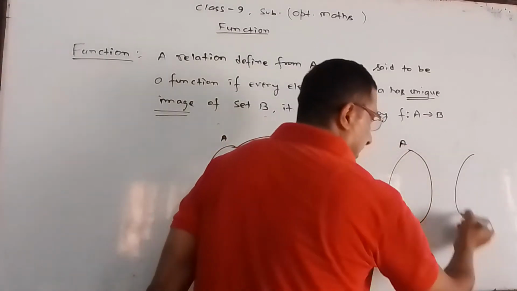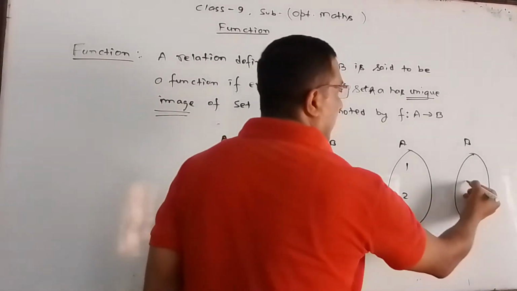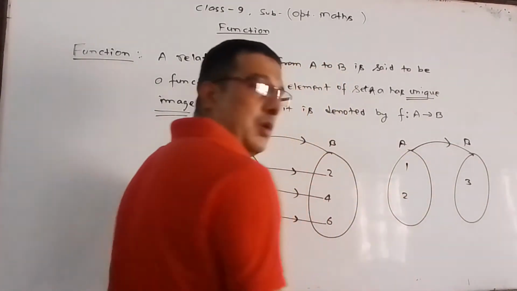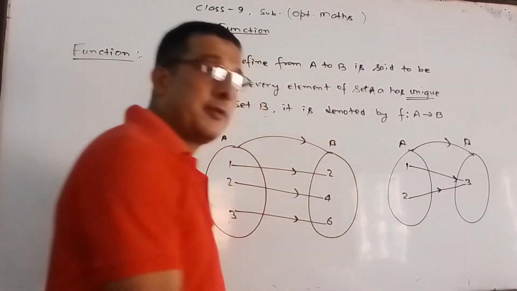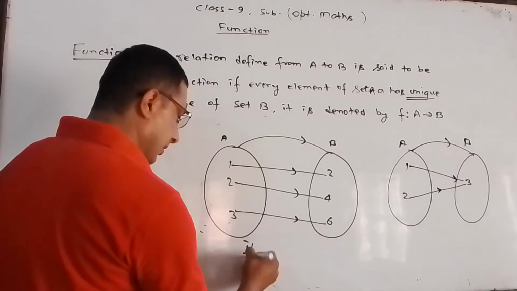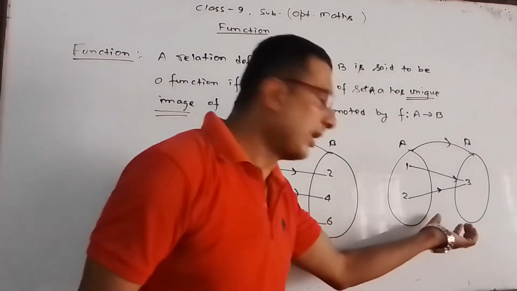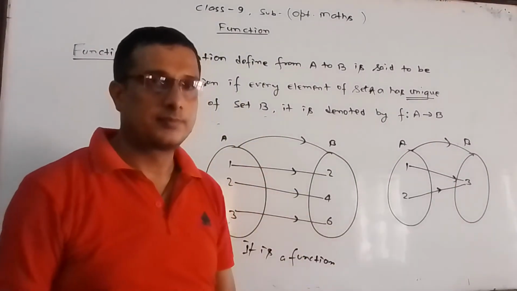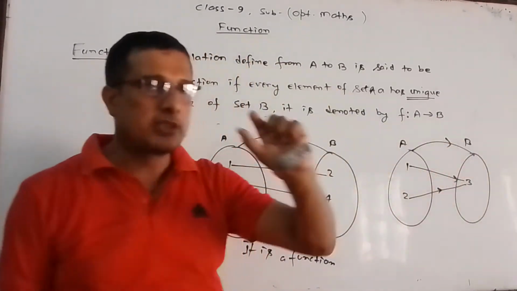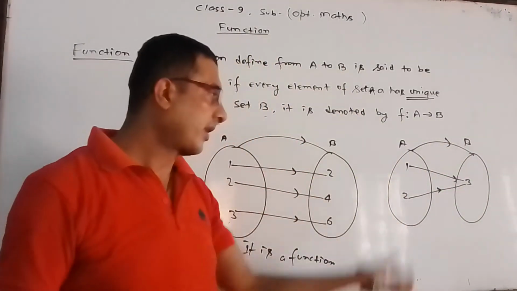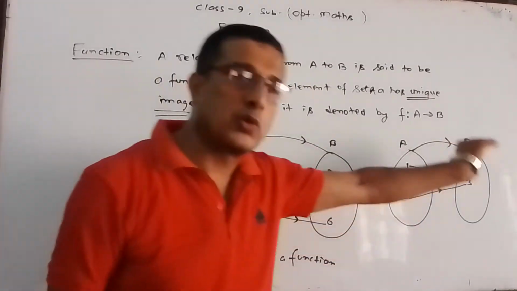I am going to another arrow diagram, but do not be confused. Here is the A, here is the B: 1, 2, and here is the 3. 1 maps to 3. So it is a function. Look, is it a function or not? 1 maps to 3, it means the image of 1 is 3, and 2 maps to 3, the image of 2 is also 3.